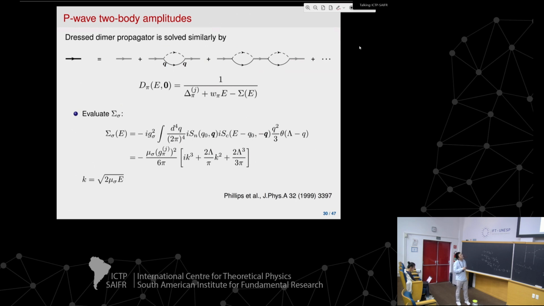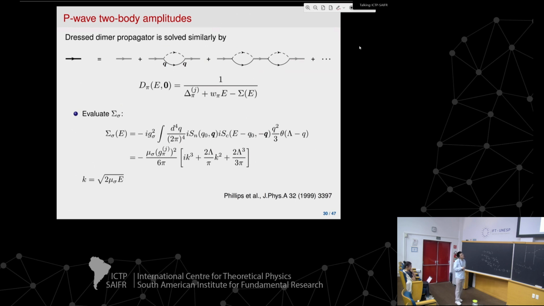So the dressed dimer can be written in this form. Here we simplify in the center-of-mass frame, where the total P equals 0. So you have a residual part plus the energy part minus the self-energy part.